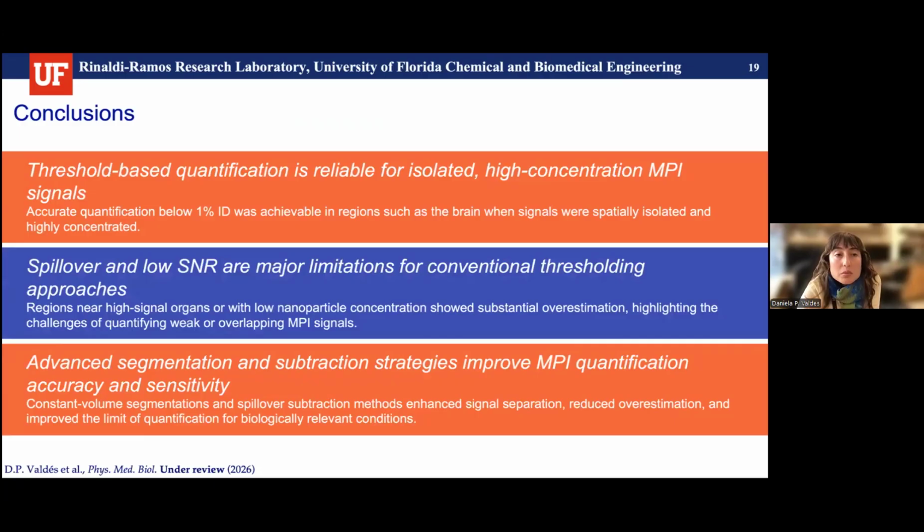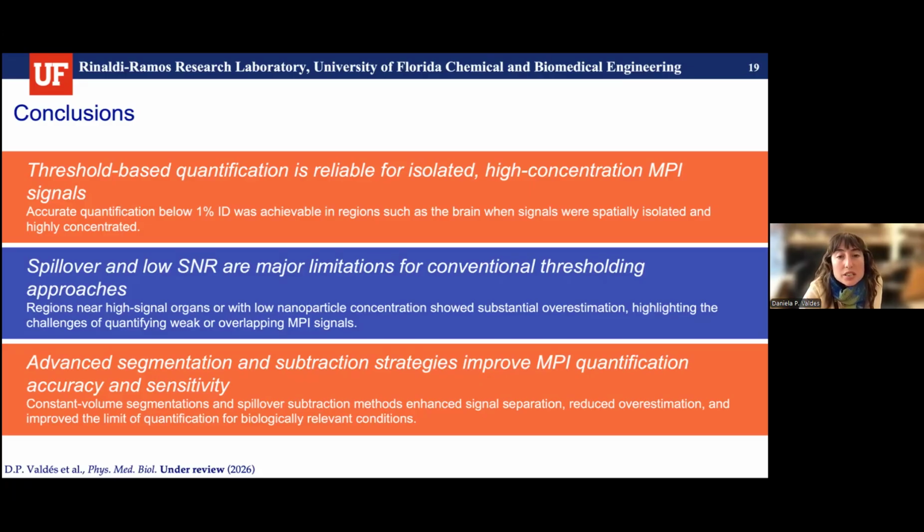So I hope I convinced you that threshold-based quantification is reliable when we are quantifying isolated high concentration signals, but it's more challenging when we are dealing with lower SNR or images that are affected by spillover.